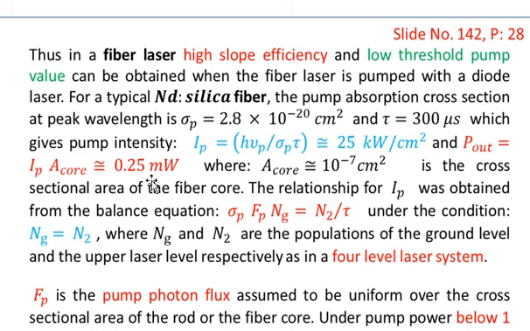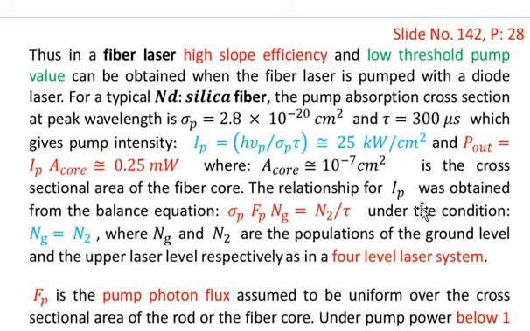That is approximately 0.25 milliwatt, where A core equal to 10 to the power minus 7 centimeter square is the cross sectional area of the fiber core. The fiber core radius has been explained earlier, lying in the range from 2.5 micron to 5 micron. Using a value from that, you can calculate the cross sectional area of the core of a single mode fiber, which is roughly equal to 10 to the power minus 7 centimeter square.